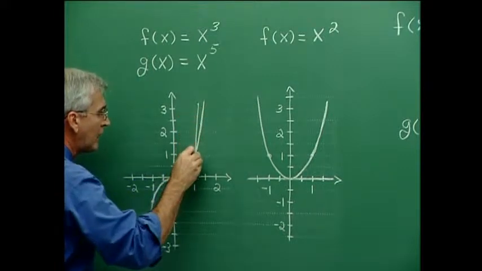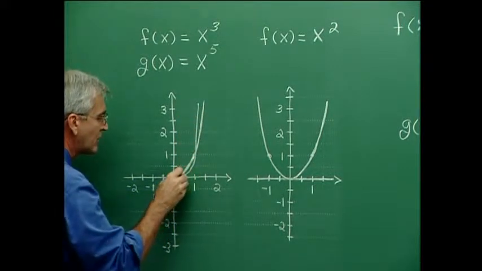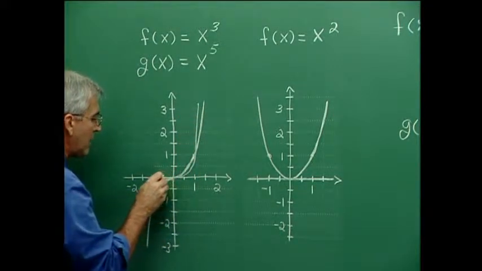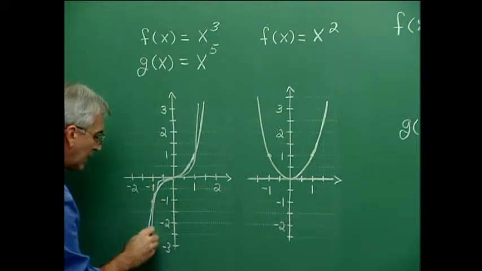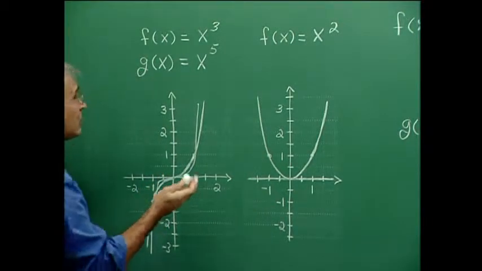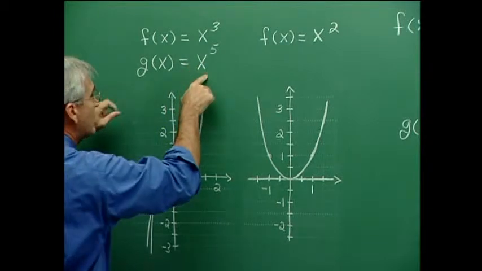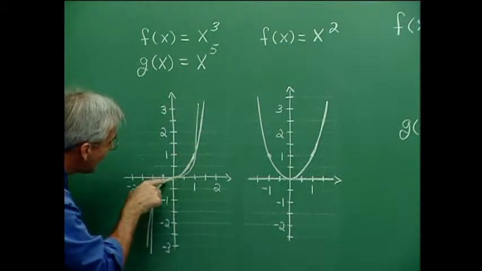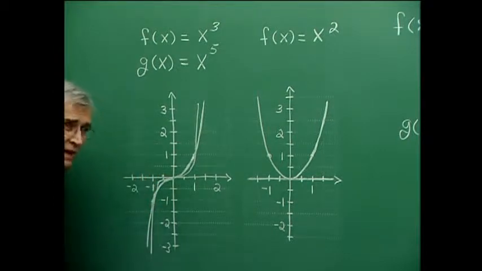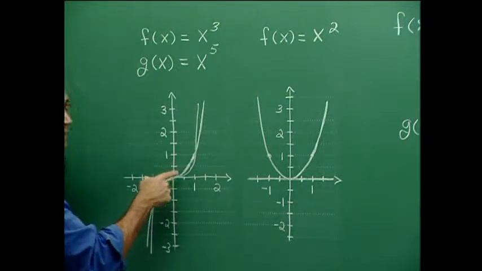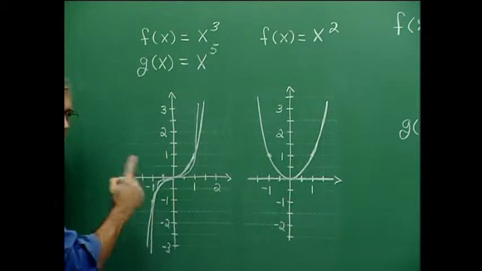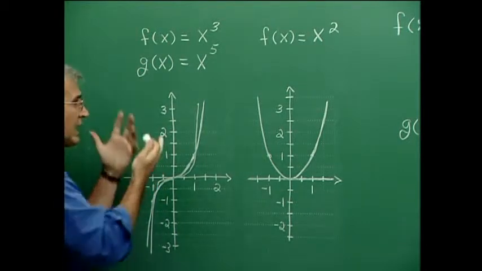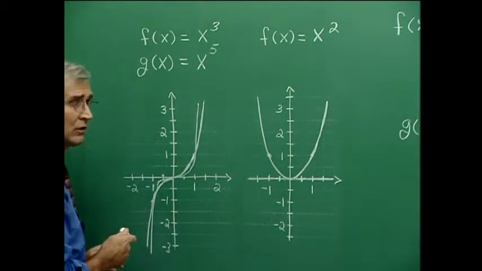It'll come down and it'll just get closer on the x-axis faster, flatten out, and then do this kind of thing. And if we investigated x to the seventh, it would come down and be even tighter on the x-axis, you see, and tighter over here, and then it would exit much faster, or a little faster, than this other one did. This would be a good time to investigate the idea using your graphing calculator.